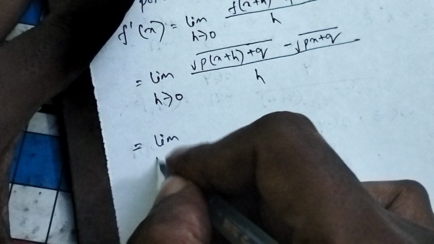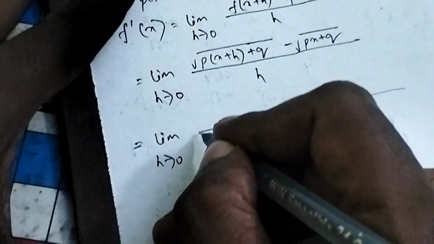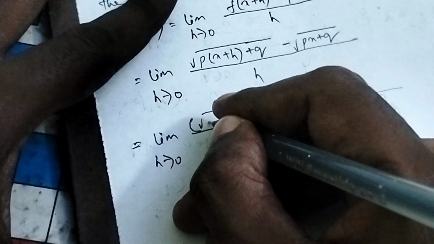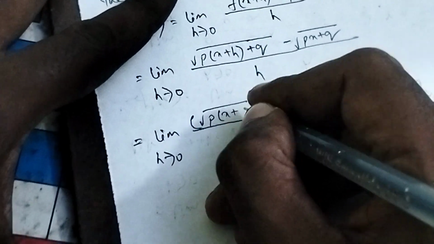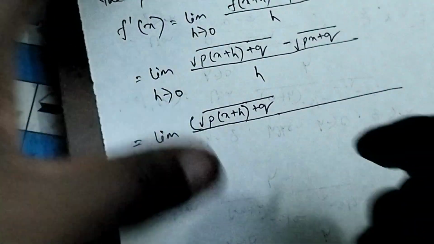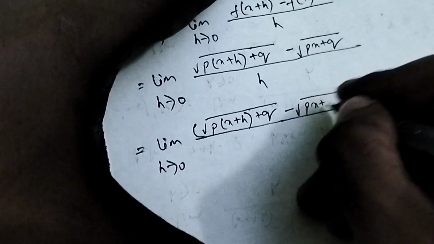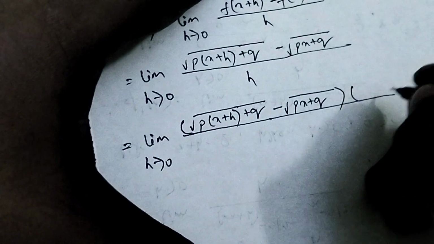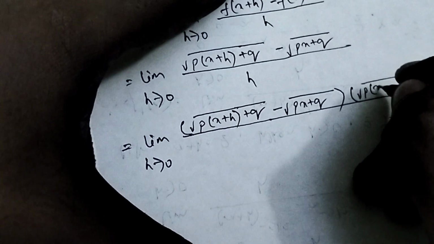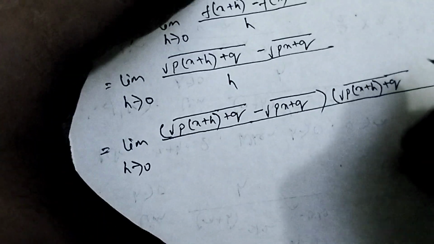Limit h tends to 0 under root p into x plus h plus q minus under root px plus q into under root p into x plus h plus q.